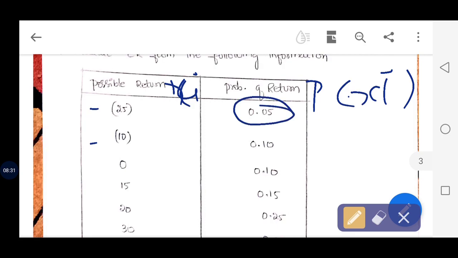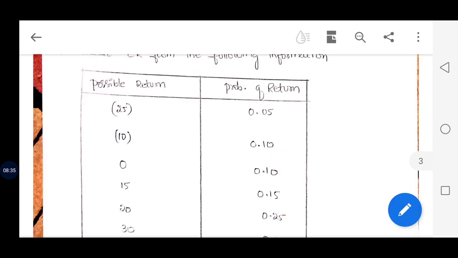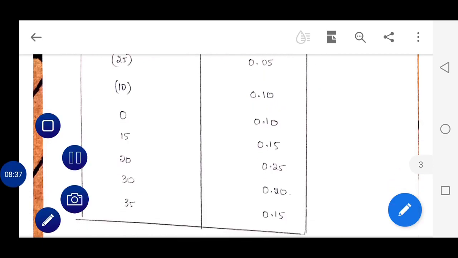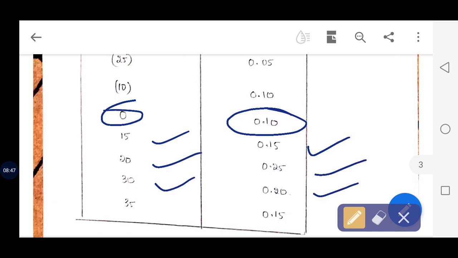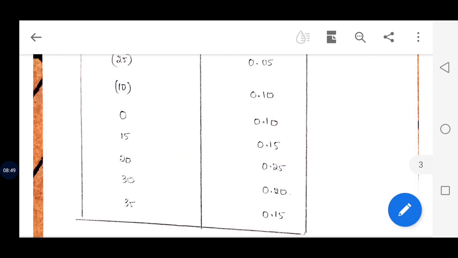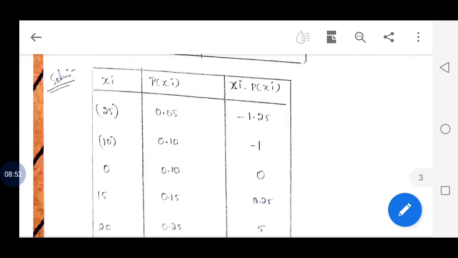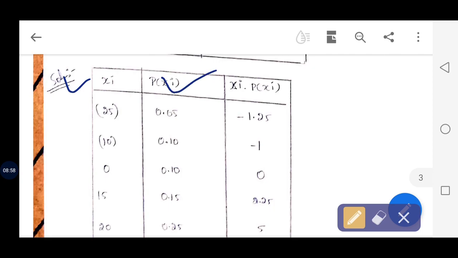For losses also the probability is 0.05, again for a loss 0.10, then no loss, no profit, 0, with chance 0.10, then 15 with 0.15, 20 with 0.25, 30 with 0.20 and 35 with 0.10. Simple, again take all the possible returns and all the probabilities, and simply multiply.